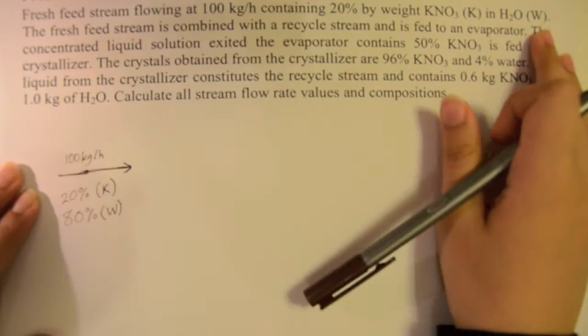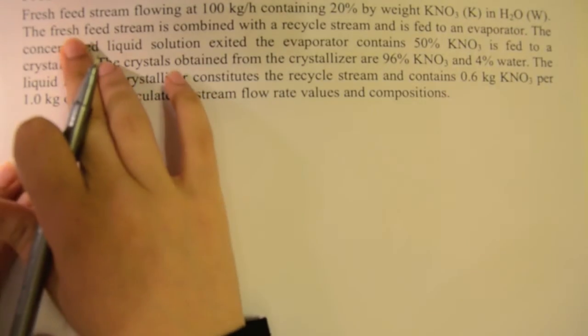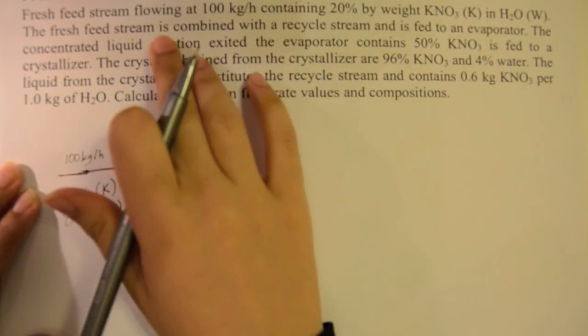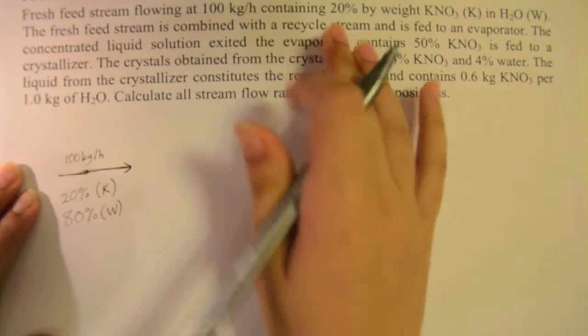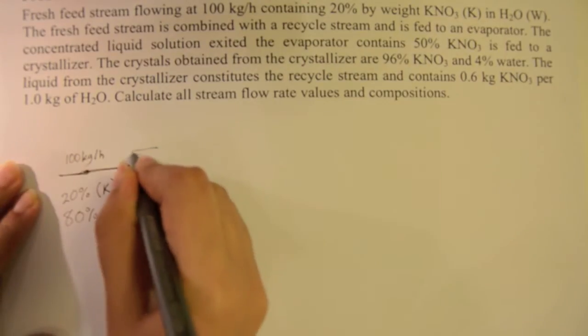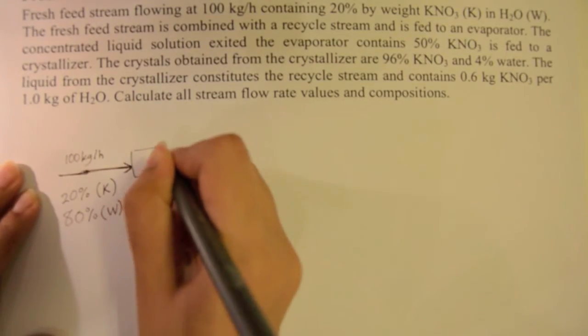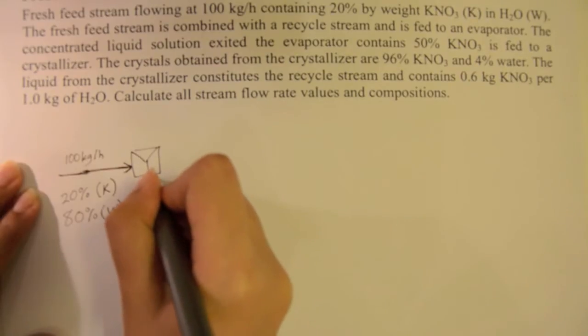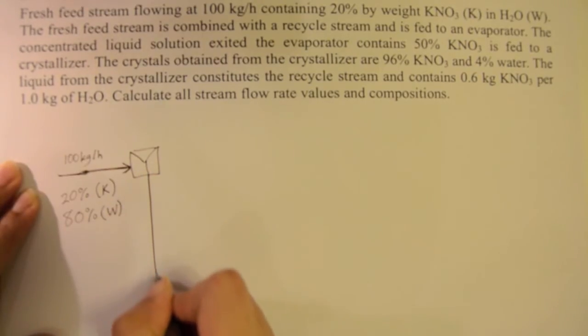Where does it go? Before entering the evaporator, they said that it is combined with a recycled stream. So there's a mixer here. Let's draw the mixer, combined with the recycled stream.